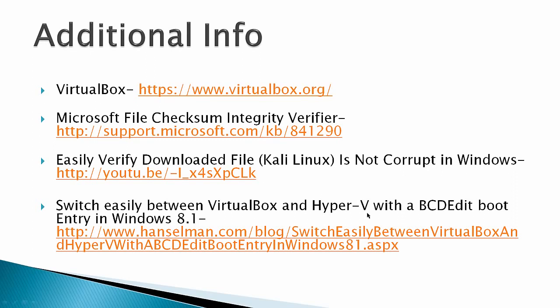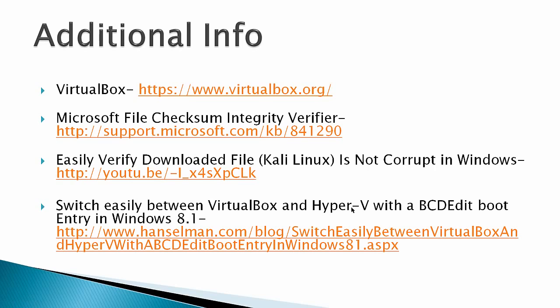Additional info, there's the VirtualBox site, and this is where you get the Microsoft File Checksum Integrity Verifier. And then I've got a video here on how to use it. In this case the video works with a Kali Linux file, but it works the same. And then there's another link here to switch easily between VirtualBox and Hyper-V.